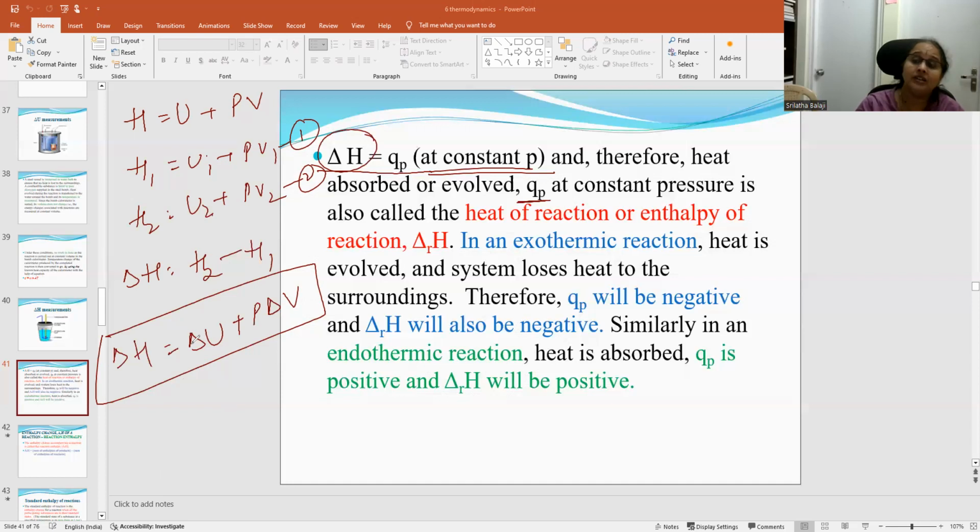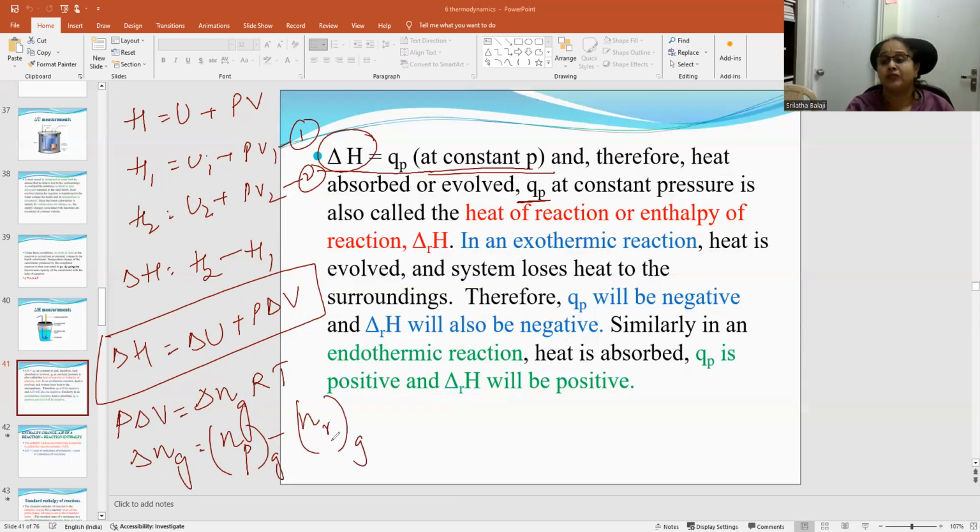Got it? Now, another way of interpreting this: we know for an ideal gas, PV is equal to nRT. So when I take the change in volume taking place here, keeping pressure constant, P delta V is equal to delta Ng RT, where delta Ng is the number of moles of gaseous products minus the number of moles of gaseous reactants, all in the gaseous state specifically.